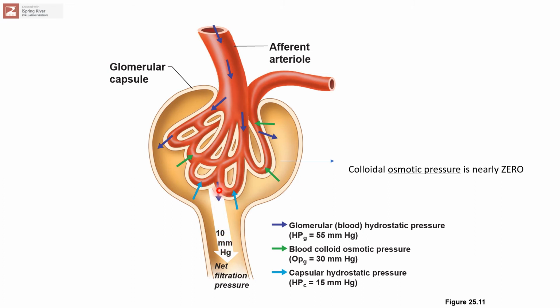The outward pressure that affects filtration due to the fluids in the capillaries right over here is called hydrostatic pressure. So the fluid pressure is called hydrostatic pressure, and the fluids are basically contained in a tuft of capillaries in the glomerulus. So the hydrostatic pressure is basically the same as the blood pressure in the glomerulus.